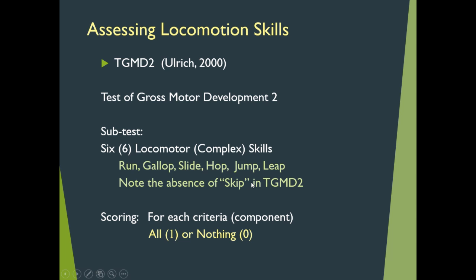As a reminder, the TGMD2 is being used by teachers in the field, PE teachers who do not have as much time to analyze and assess each kid one by one. It's one of those things that is designed so that the school teachers can do this within probably about 20 minutes per kid. This ends the module on locomotor skills.